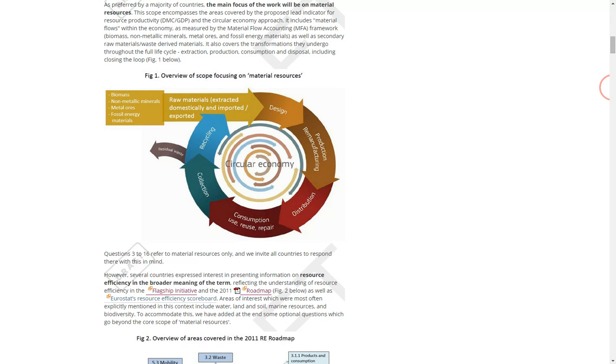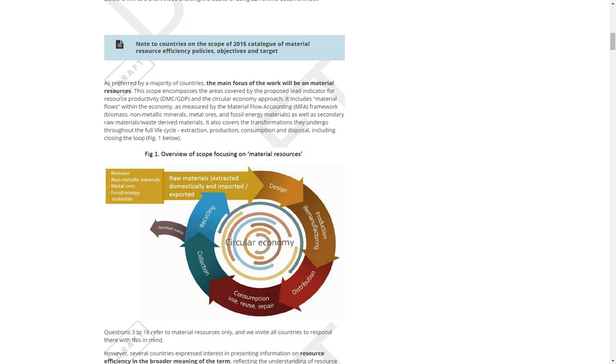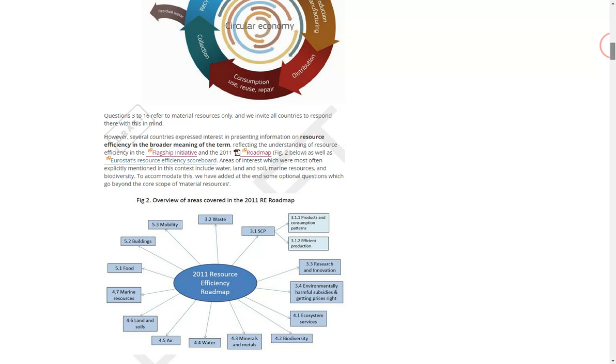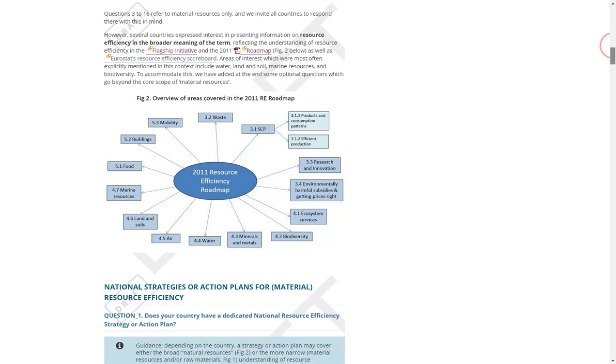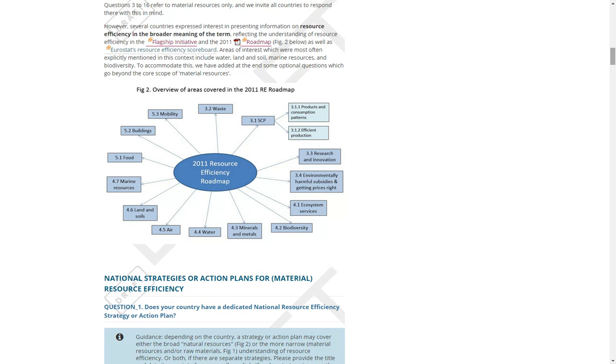This is followed by some clarification of the scope and focus and limitations, the boundary conditions, if you will, of what we are trying to cover. Then some more clarification for those of you who wish to go broader than material resource efficiency. And after that, you have the section with questions.